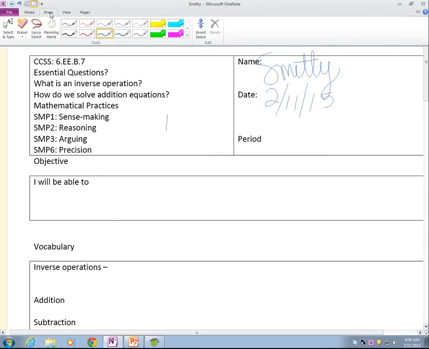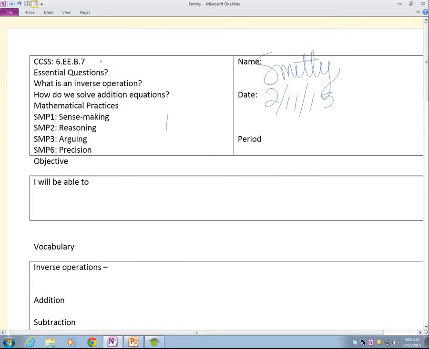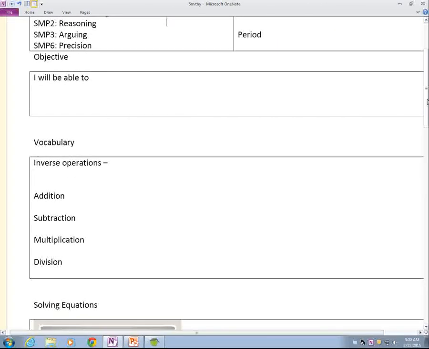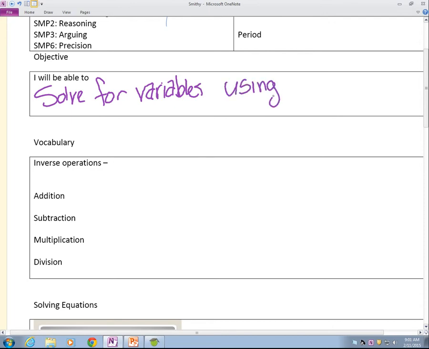So I will be able to solve for variables using inverse operations from an equation. Do you guys have any questions?